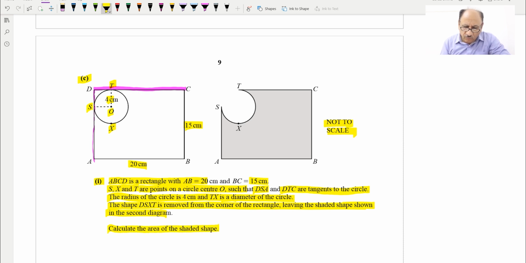So what we have to do is, from the complete rectangle area ABCD, we need to subtract the removed area, and the rest will be our answer. So first of all we can find the area of the circle.